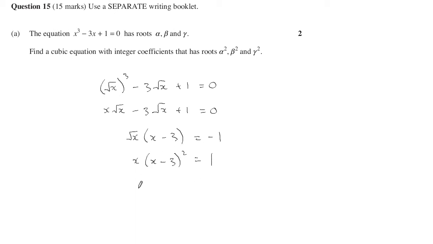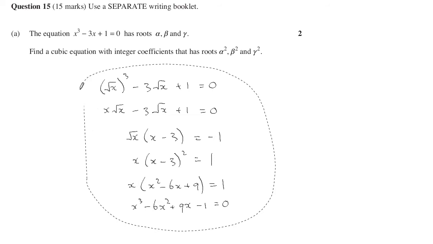And then I just have to expand this. And I'll move the 1 back over to the left. And there we go. Now we've got a cubic equation, which is what we wanted. So that's the answer.